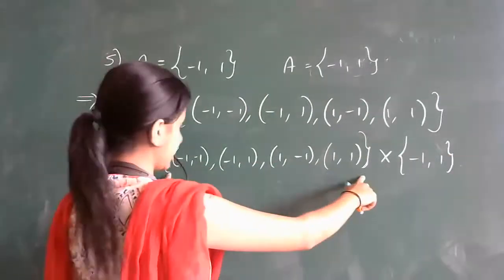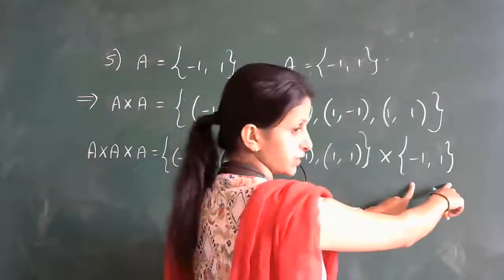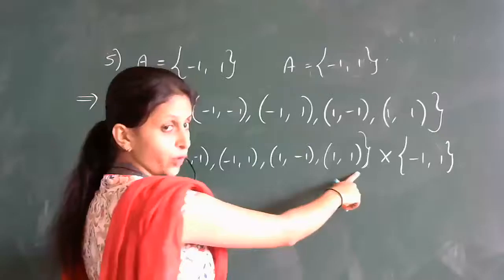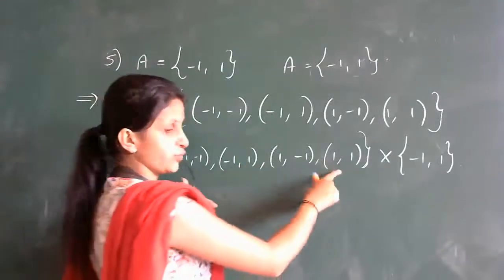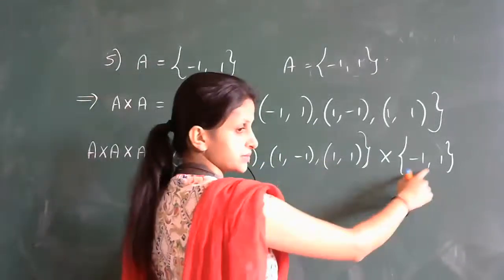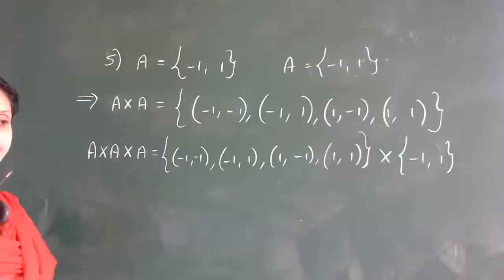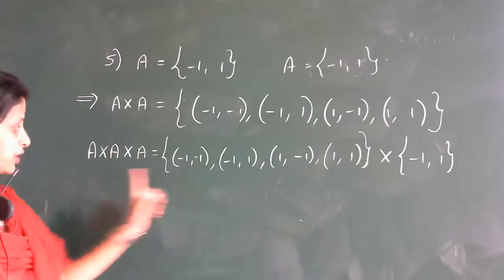This is one set and this is the other set. In this first set I have 4 elements, 1, 2, 3, 4, and in this second set I have 2 elements. So how many elements will this whole Cartesian product have? What will be the number of elements in this whole Cartesian product A cross A cross A?